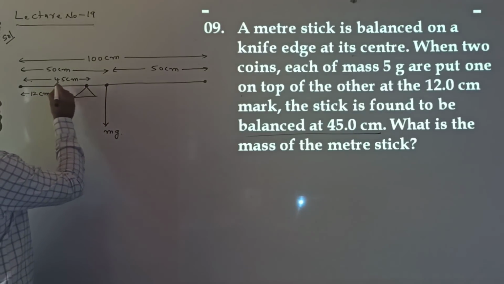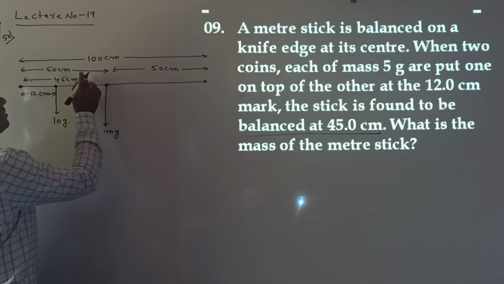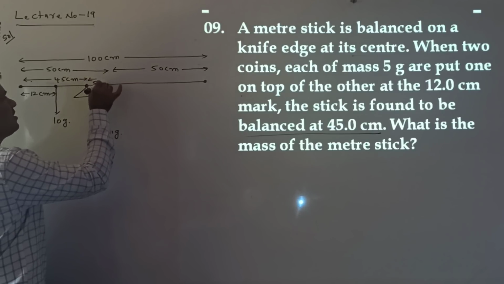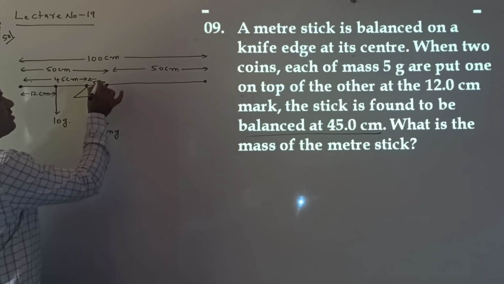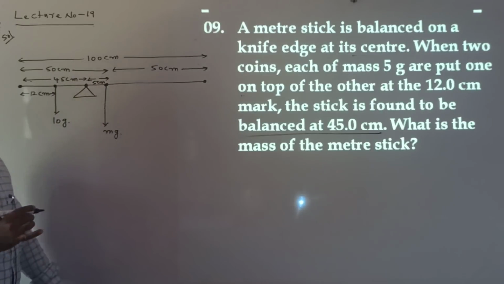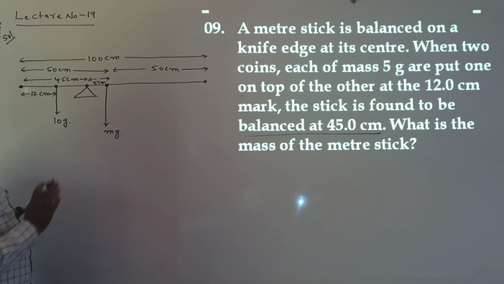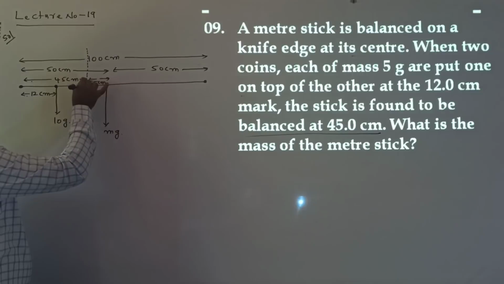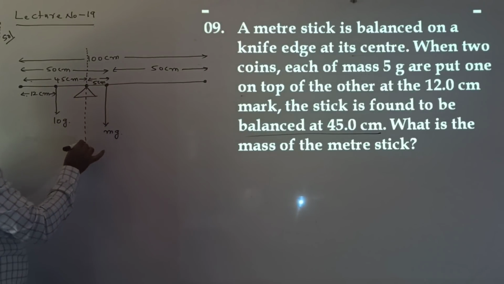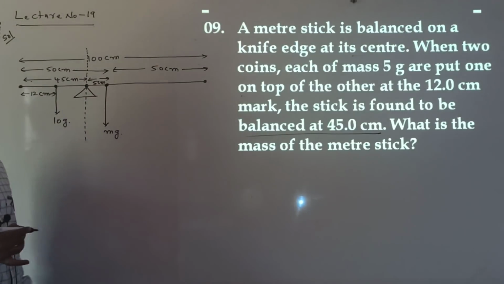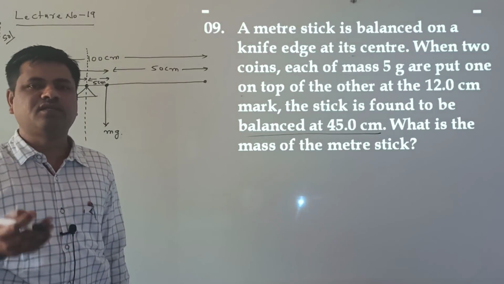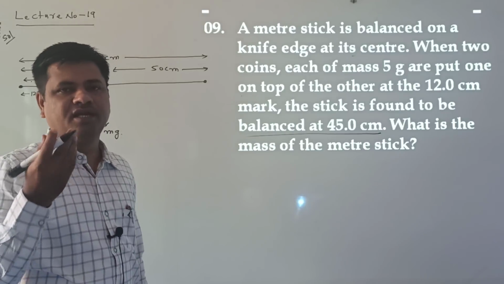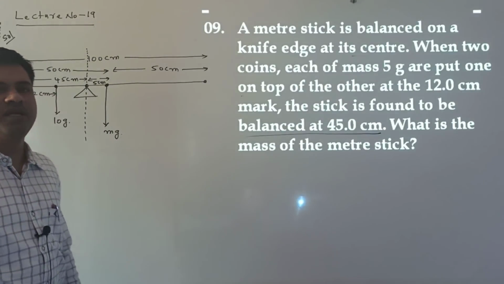Now this is 45 centimeter, so the distance from this point to this point is 5 centimeter. About this axis I want to find the total torque. Clockwise torques are taken as negative, anti-clockwise torques as positive.